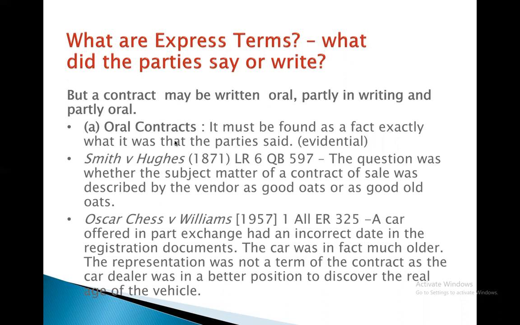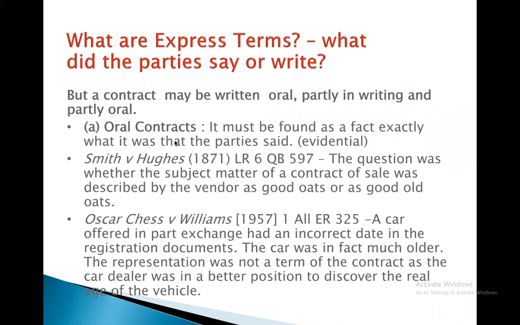It was decided a little over 100 years before I was born. You remember, in that case, there was a dispute regarding the subject matter of the contract. Was the contract about old oats or new oats?